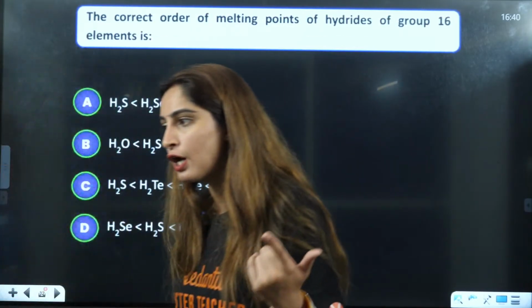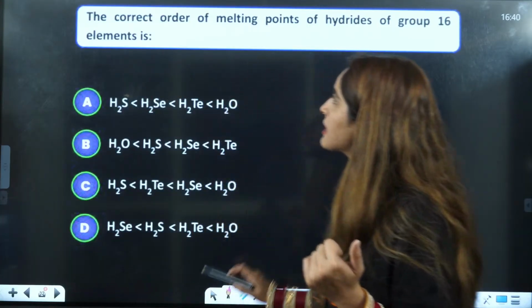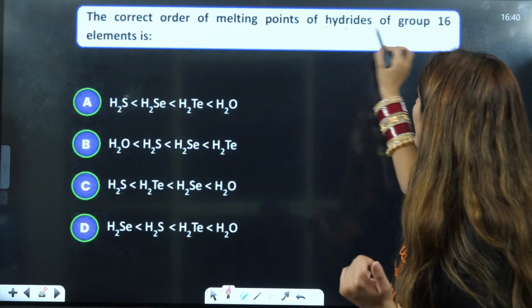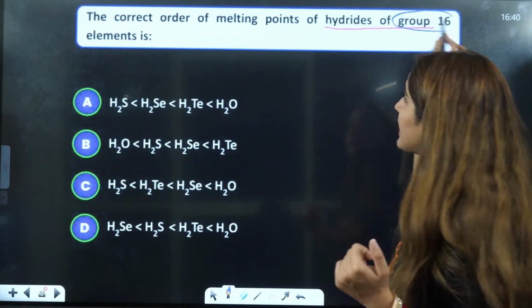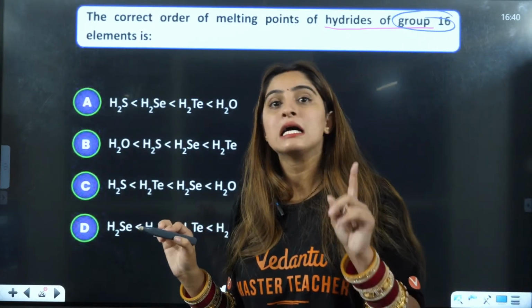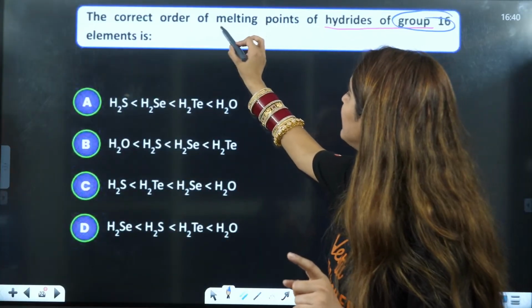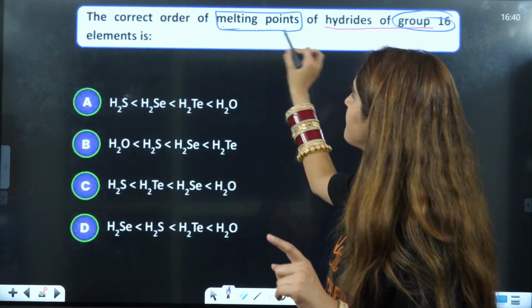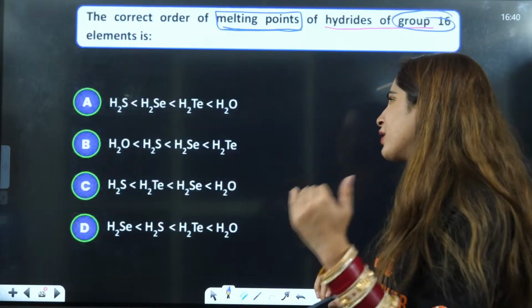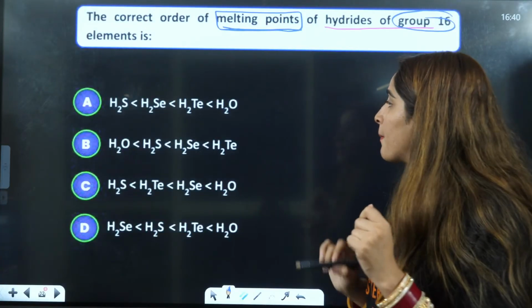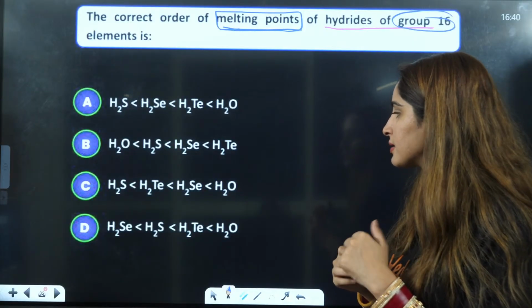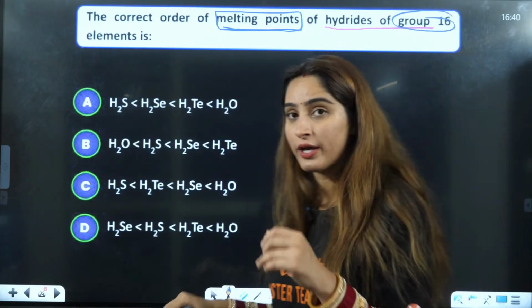Is that clear? Okay. Next is the correct order of melting point of hydrides of group 16 elements. Now, they are asking you melting points here. So now we know that melting points order is going to increase down the group, right? But here, what exactly happens? The exception is H2O here.